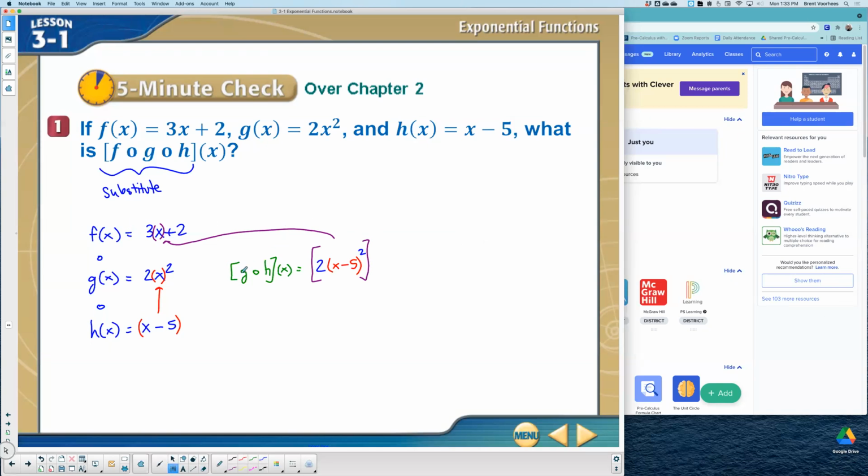And that will solve for me what we're intended to find, the f o g o h. All right, so let's just work our way through this. I'd have in blue here this 3. But instead of this x, it gets substituted. I'm going to go ahead and use this bracket because there's 2 parentheses in there. The bracket is just a different type of parentheses. So I'm going to do that just so we can keep track of what's what.